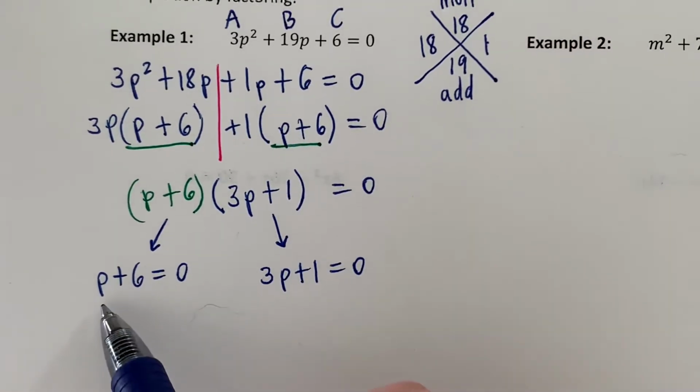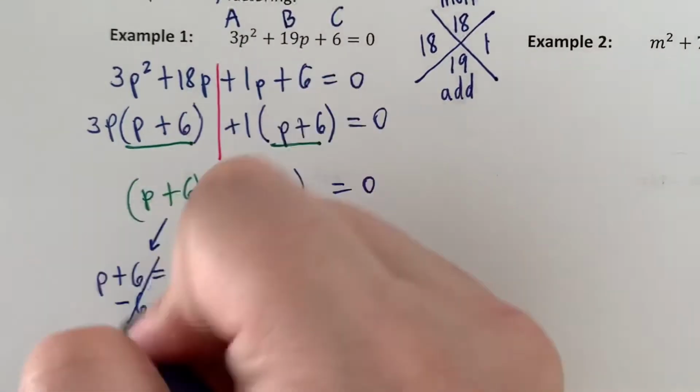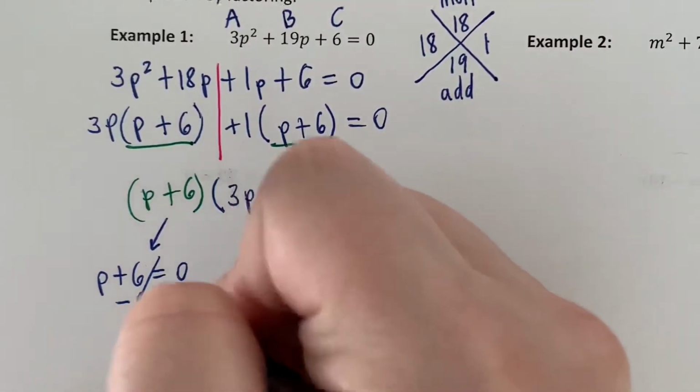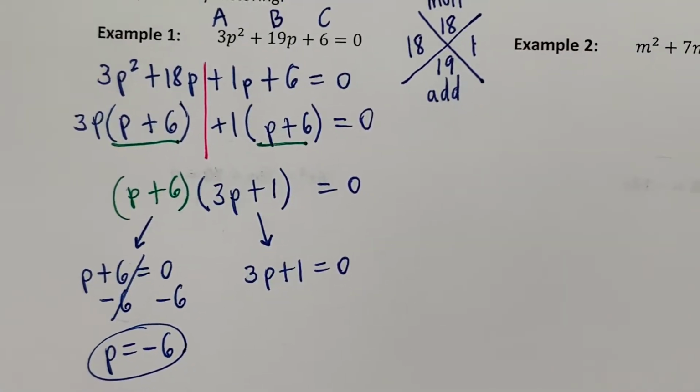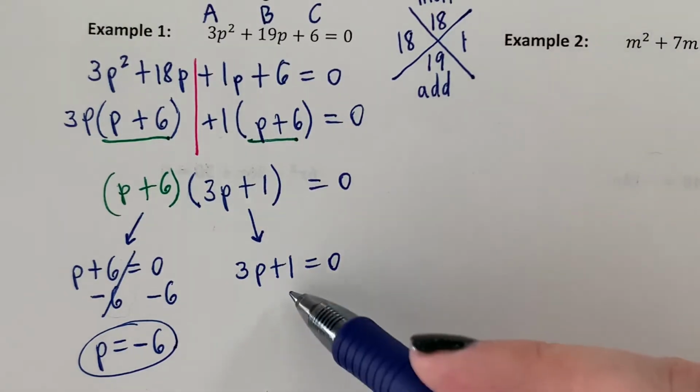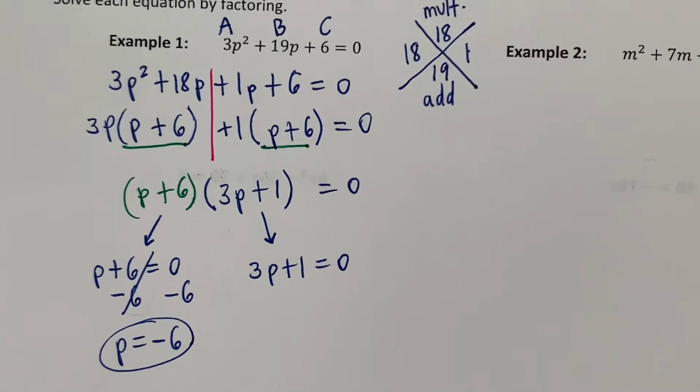So my first equation here, I'm trying to solve it. If I'm trying to get p by itself, I would subtract 6 to the other side, and I'll get that. One of my solutions is p equals negative 6. And then for my other one, trying to get p by itself, I need to remember inverse operations, which we've worked on quite a bit.